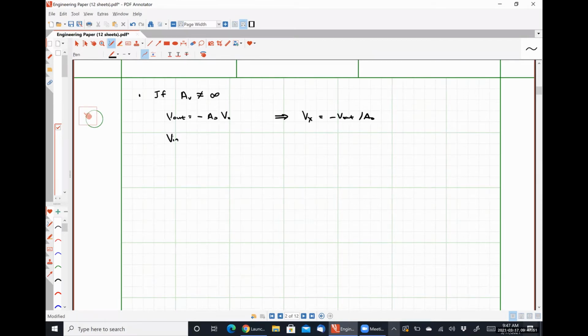Setting our currents to be equal, we're going to have Vn minus Vx over R is equal to our collector current IC.